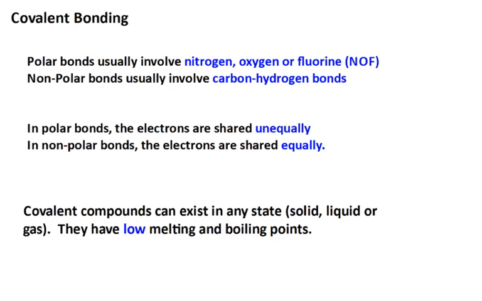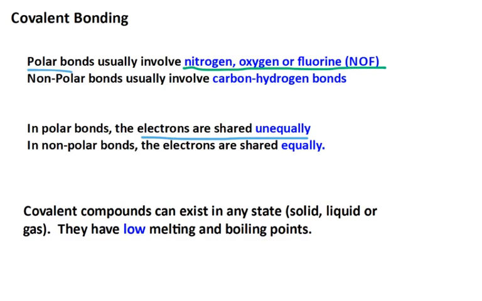And then a little preview into polarity. Again, we're going to go into this in a lot greater detail at the end of the unit. But polar bonds occur when there is an unequal sharing of electrons. And the elements that are hogs are nitrogen, oxygen, and fluorine.